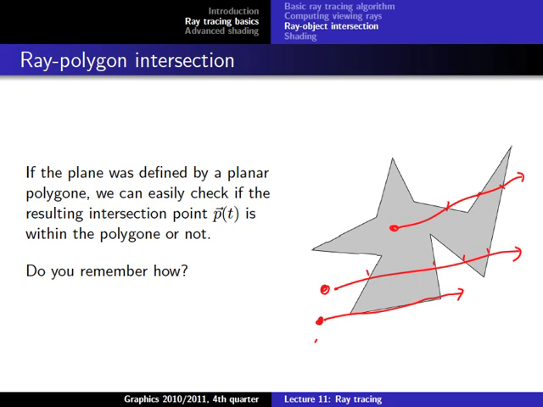Yeah, exactly, through one of the vertices. It doesn't matter if it's inside or outside, but if we have a situation where we just touch the polygon here, we get one intersection point, but not the second one to exit the polygon. So we have to make sure that this also doesn't happen. So there are these two special cases we have to take care of, but other than that, this is a pretty simple approach to do this.